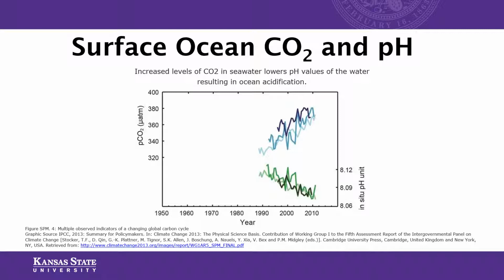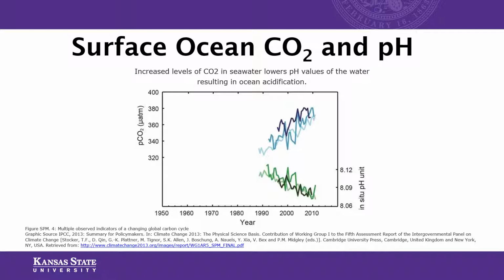Those marine animals use calcium carbonate to build skeletons and shells and to support their life systems. And when our water is more acidic, those calcium carbonates are not available. So as our surface ocean carbon dioxide increases, our pH decreases.